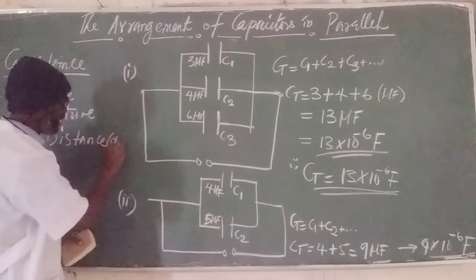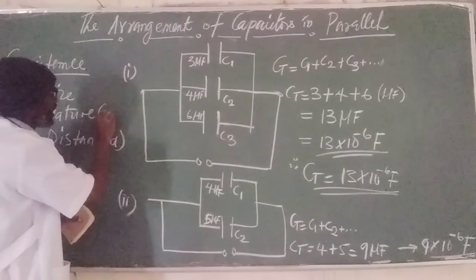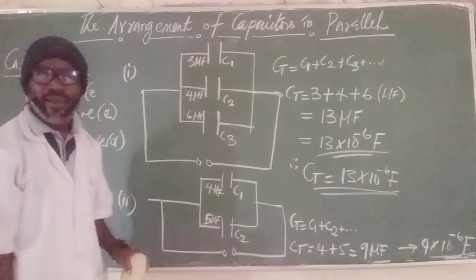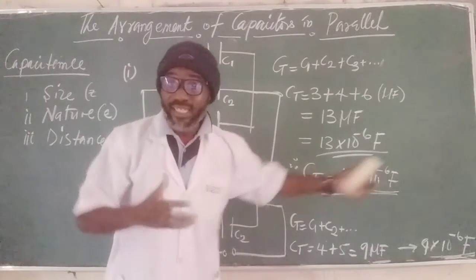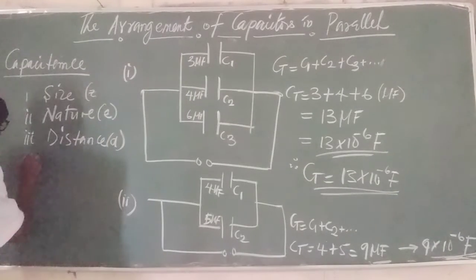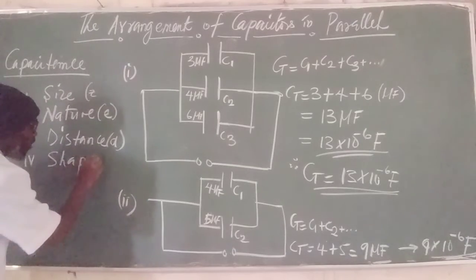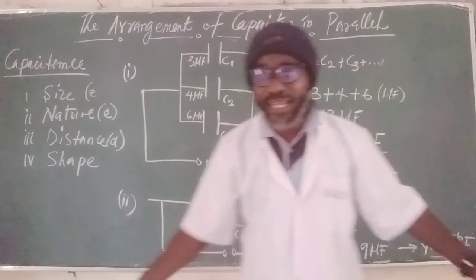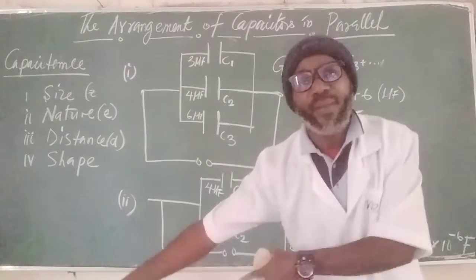D. Okay? Dielectric substance here, E. And then size somewhere here. That's the 3rd one, the distance separating the 2 plates. And the 4th one is the shape. The shape of the capacitor goes a long way determining the capacitance of the capacitor.